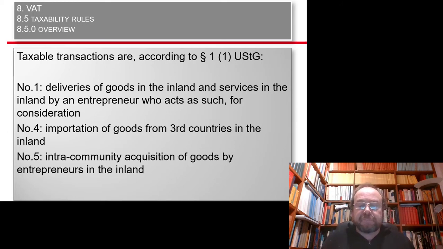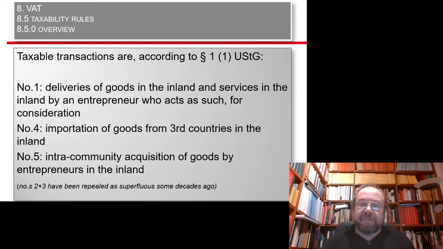Number 5 is intra-community acquisition of goods by entrepreneurs in the inland. That's a kind of parallel rule which covers some importations of goods which come from the rest of the EU into the inland.